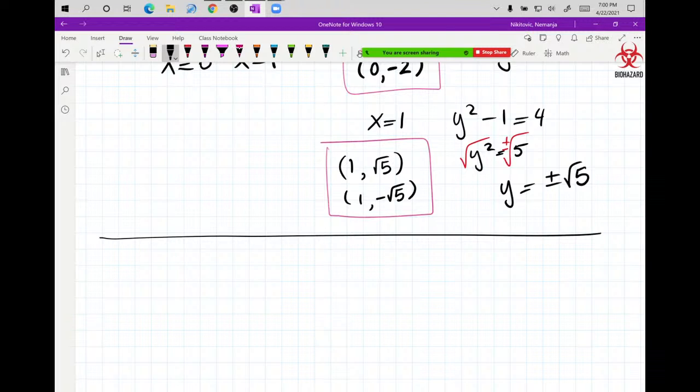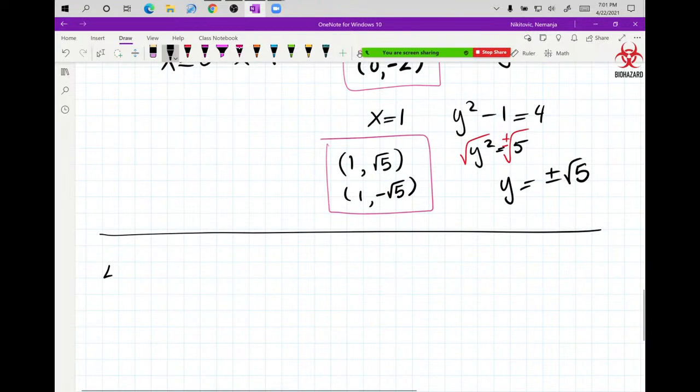One more problem. Let's see if we can find something interesting. How about a shifted circle at 4, 0?